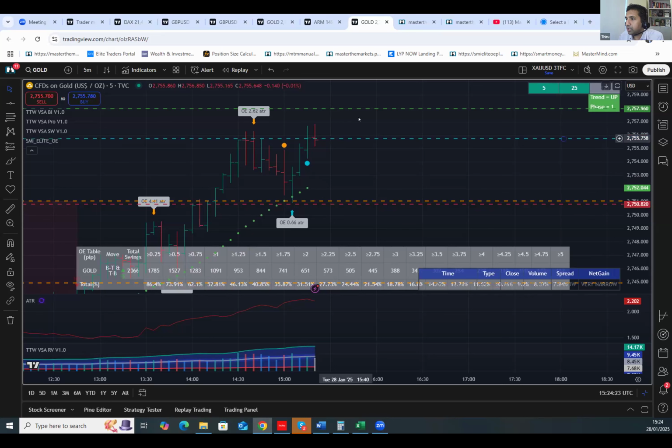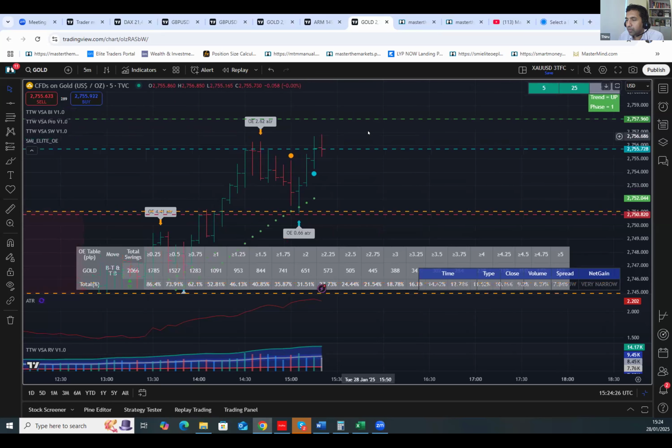So we'll wait and see how this carries on. That's how I do it. What we need to see now is a test in this area. It could pull back, and it's a 1 minute chart. And that's the dance, isn't it?